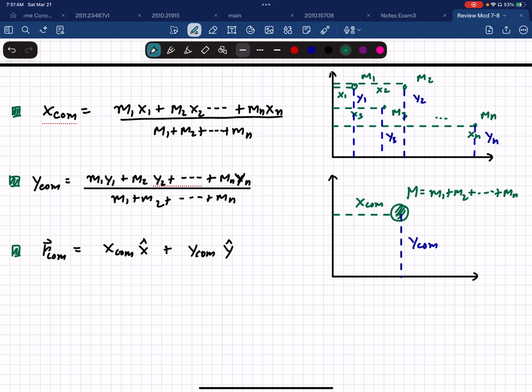Okay. So now we are dealing with only one particle, which we know how to deal with.